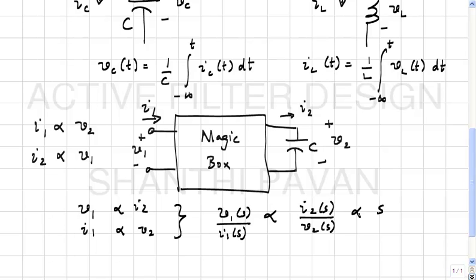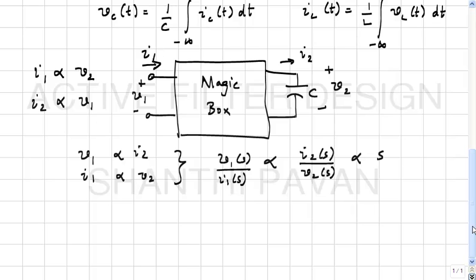And given that all that you need is current being proportional to voltage and voltage being proportional to current, what do you think, are there any reactive elements inside the box? So we want, in the magic box, what do we want?